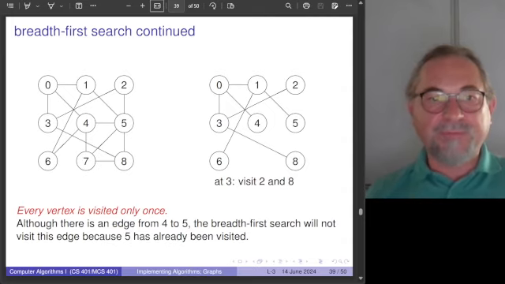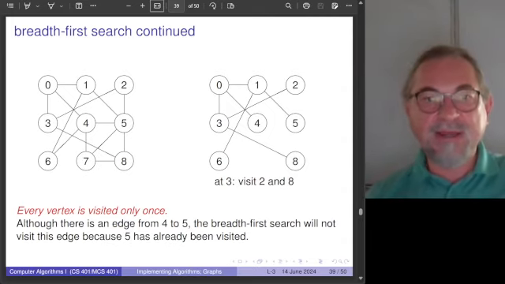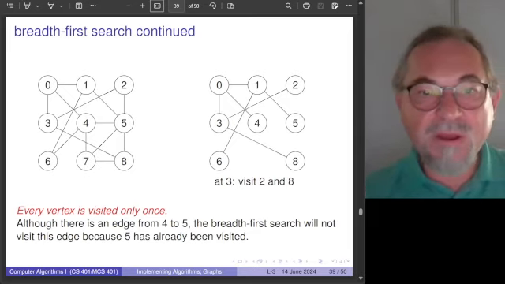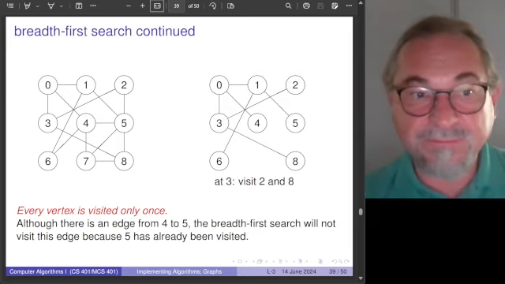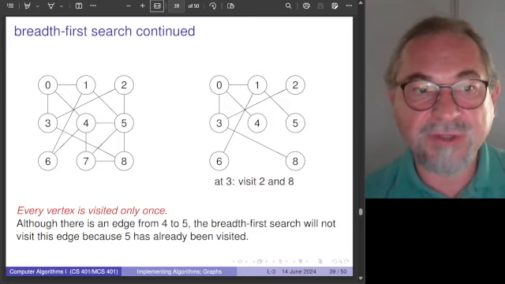Okay, we are left with 4, so 4 is directly connected. But now notice that 4 is connected to 0, we don't turn back. It's connected to 5, but we have already visited 5 from vertex 1.